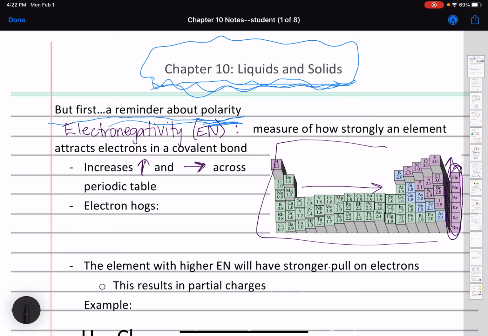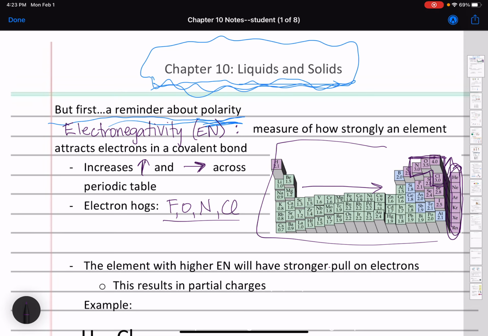So the four biggest electron hogs on the periodic table are these guys right here. And when other elements bond with them, and they're fluorine, oxygen, nitrogen, and chlorine, or as I like to say, phone call, they have a tendency to hog electrons and sort of have majority custody of them.